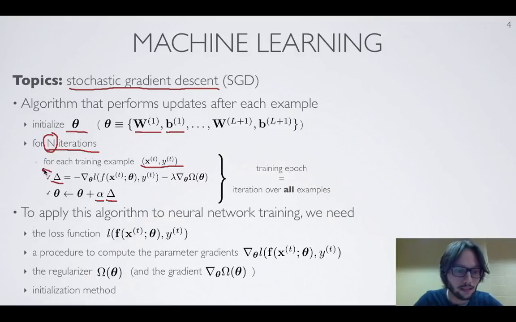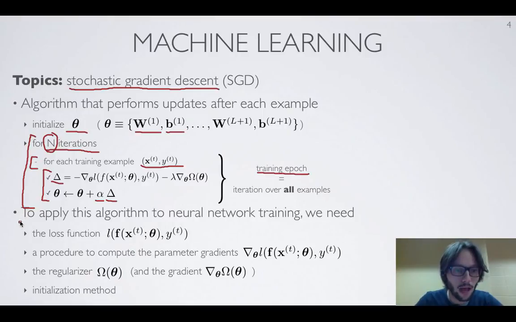I repeat this operation for each training example in my training set, and then I repeat this whole loop n times, which is the number of iterations, or sometimes called the number of training epochs, over all my training examples.